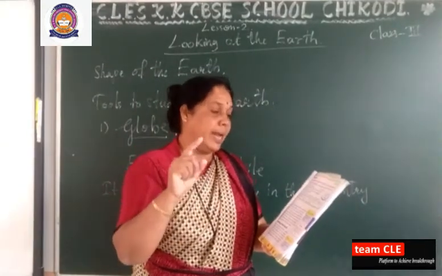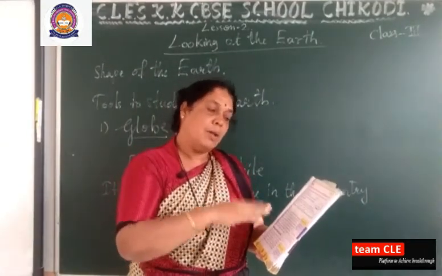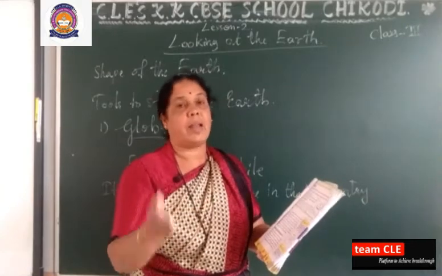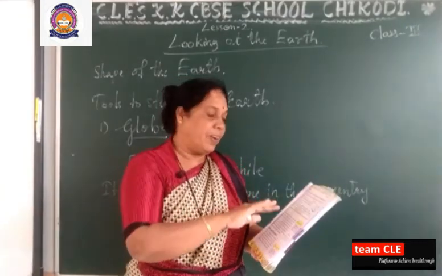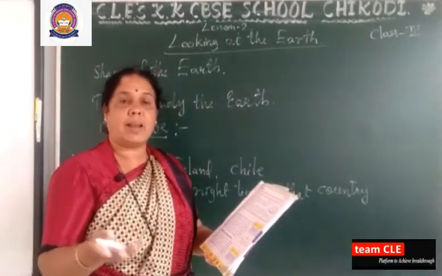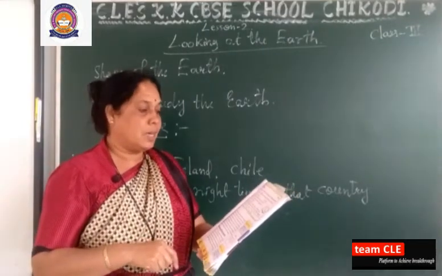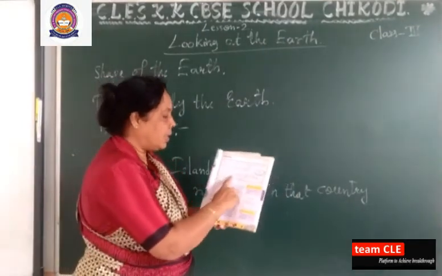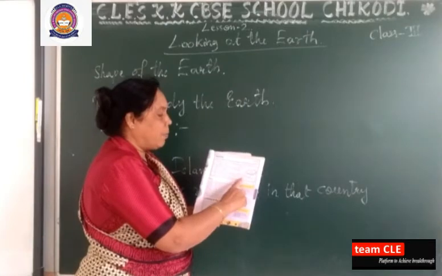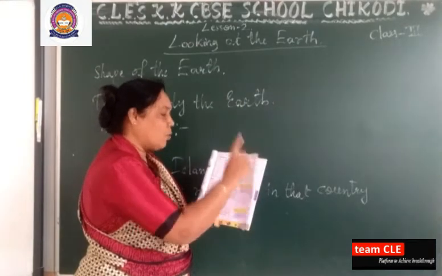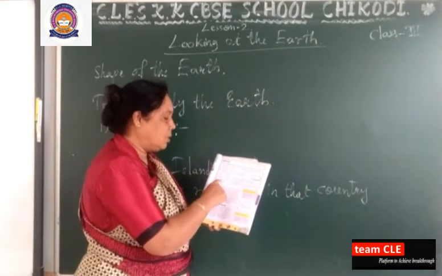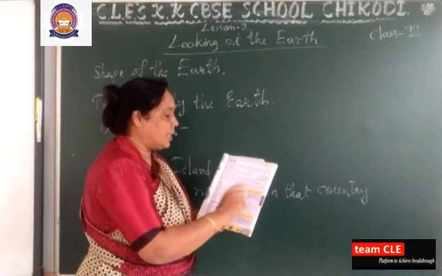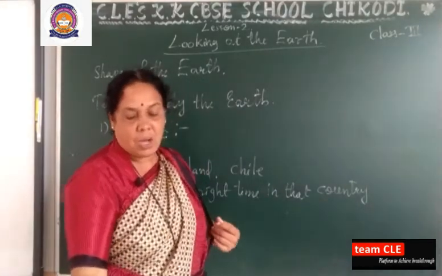If it is night time, both Mumbai and Delhi have night time. If it is daytime, both the cities have daytime. Understand student? So when it is night time in Delhi, it will be night in Mumbai also, because both cities are on the same side of the globe.